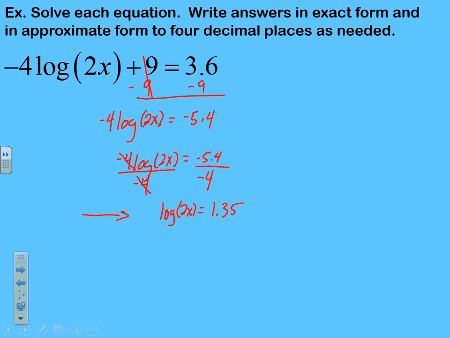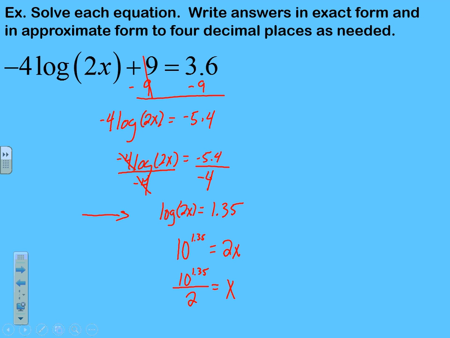So when I convert the log into an exponent, I'm going to say 10 to the 1.35 power is equal to 2 times x. And since x is multiplied by the 2, I can divide everything by 2 and say 10 to the 1.35 power divided by 2 will be equal to x.